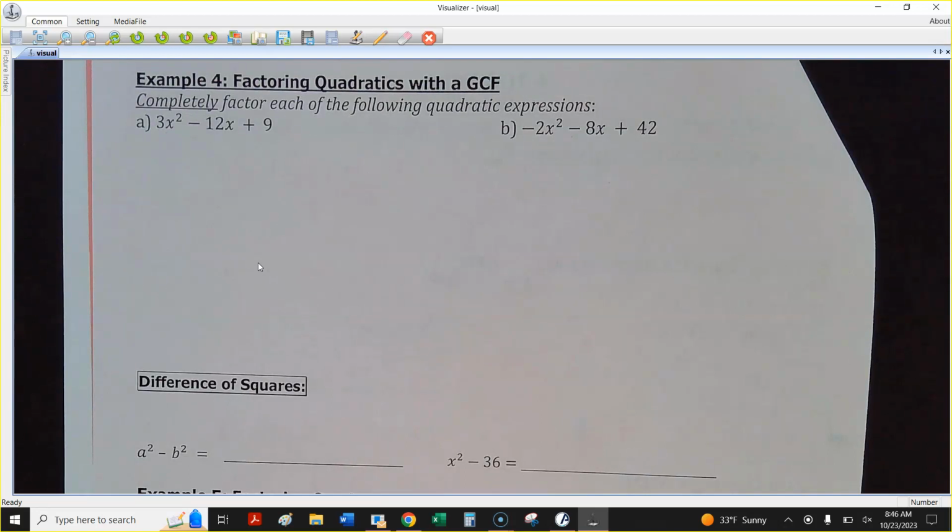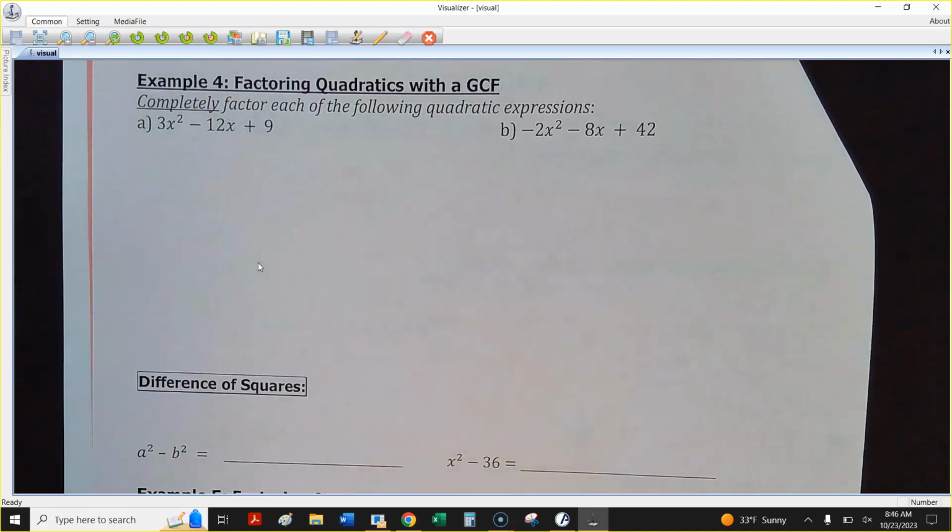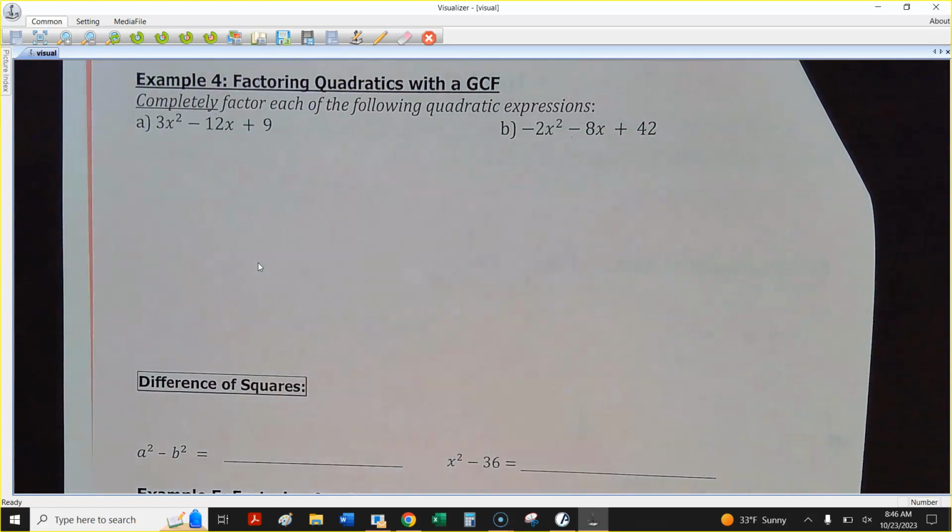So before you do any kind of factoring, look at all the terms you have there and just ask yourself real quick, are all these divisible by 2 or all these divisible by 5 or something like that. So if I have 3x squared minus 12x plus 9, do those three terms have any numbers in common? Are they all divisible by anything?